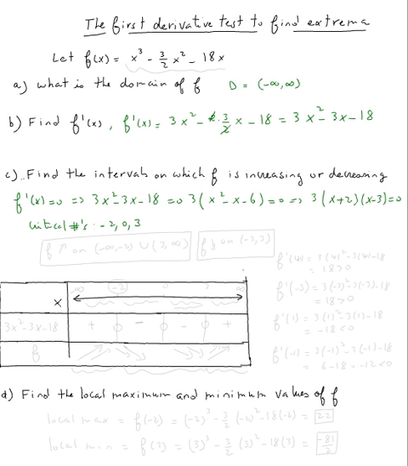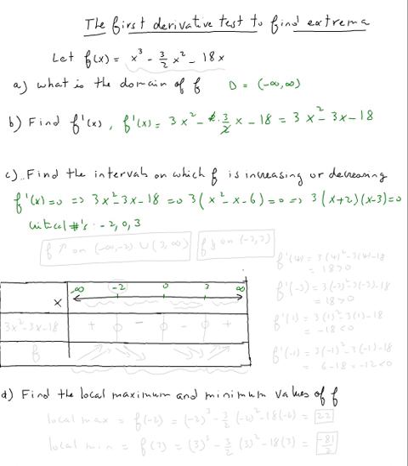Now to find the intervals where f is increasing or decreasing, we put the critical numbers here. So negative 2 on the left, and then 3. So the domain goes from negative infinity to positive infinity. So we have all the x values, just the critical numbers. Now we put f prime of x here.